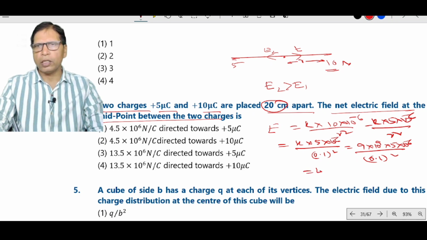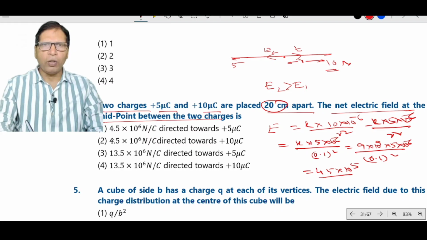So this is 45 into 10 to the power 5 volt per meter, the electric field. This is 4.5 into 10 to the power 6 Newton per coulomb, directed towards the 5 microcoulomb charge.